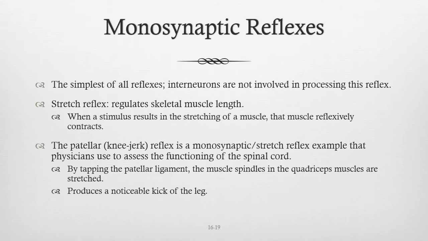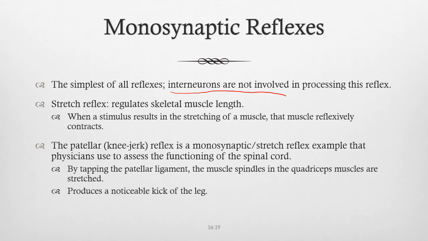We then have things like monosynaptic reflexes, and so this is the simplest kind, and whereas our original example showed an interneuron, these interneurons are not involved, and so there are no interneurons working within this process itself. Essentially, we're even more so taking that little bit of control out of the situation.